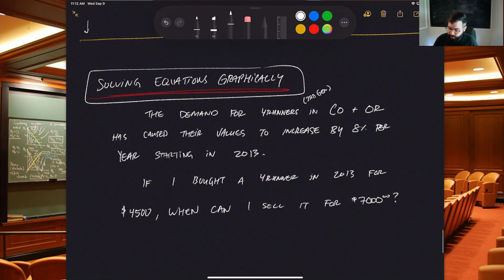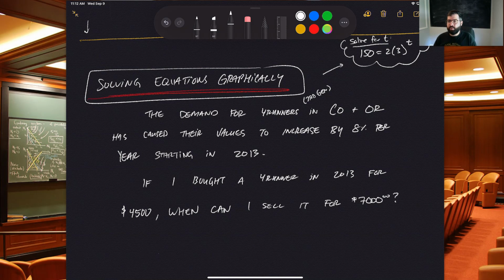You might notice that if I have an equation set up like 150 equals 2 times 3 to the t, and I'm solving for t, solving for the input. The problem is when I go to solve for t, it's in the exponent. There's no algebraic tool I can use to solve for that input. So we're kind of stuck.